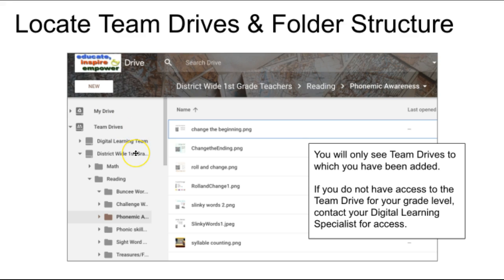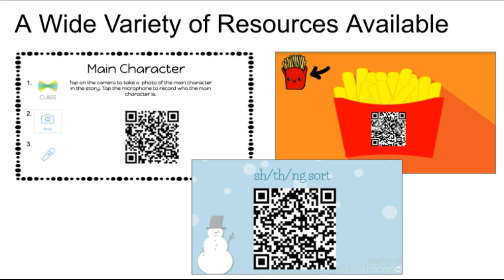Underneath that are the team drives that I have access to, and there will be different drive folders for the different grade levels. Notice there is a folder structure underneath that you can explore by clicking the little arrows in front of the folders. Now, inside of these folders are a wide variety of resources.